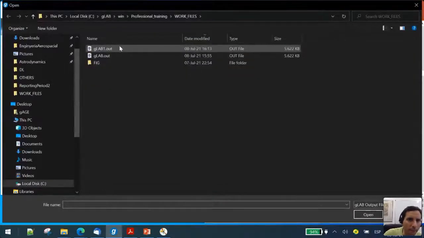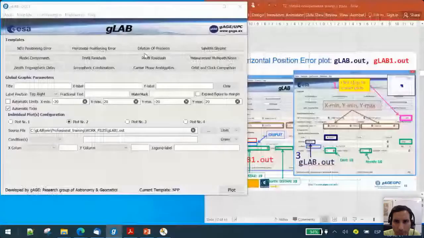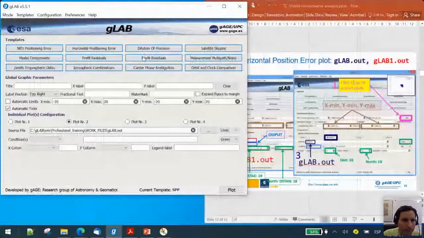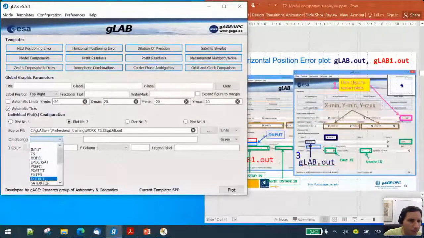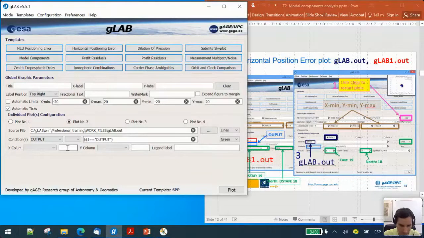GLab 1, no, the GLab 0, if we want to make it fully compatible, and then it's the same. We plot the output condition, the output message, and here we can write 19 and 18. This is a trick in order to be a little bit faster.